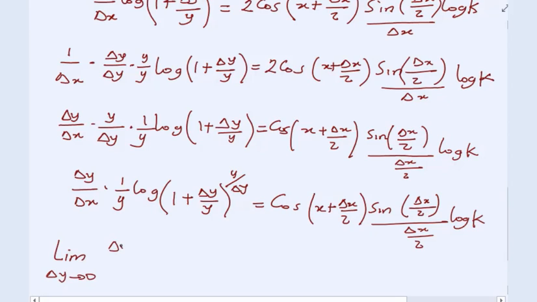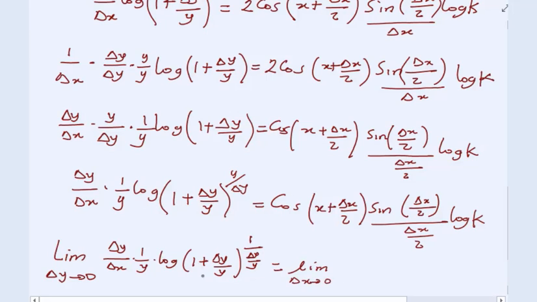of all these things you have here of delta y, this multiplied by 1 over y multiplied by log of 1 plus delta y over y. Then this one I can write as 1 over delta y over y. 1 over delta y over y is the same thing as y over delta y, so it's equal to the limit as delta s goes to 0 in this case.